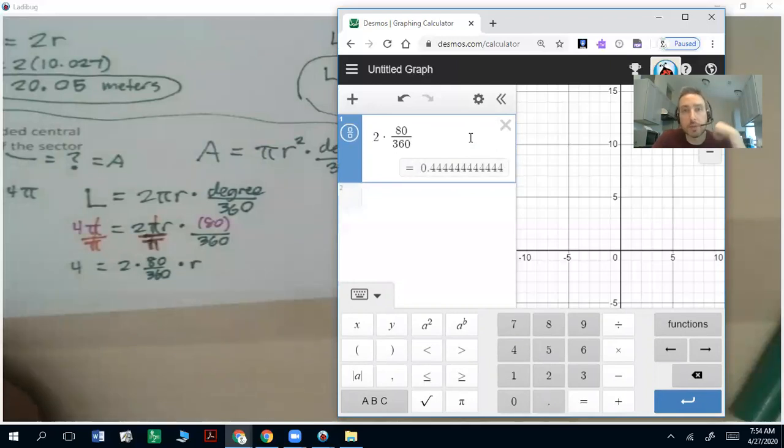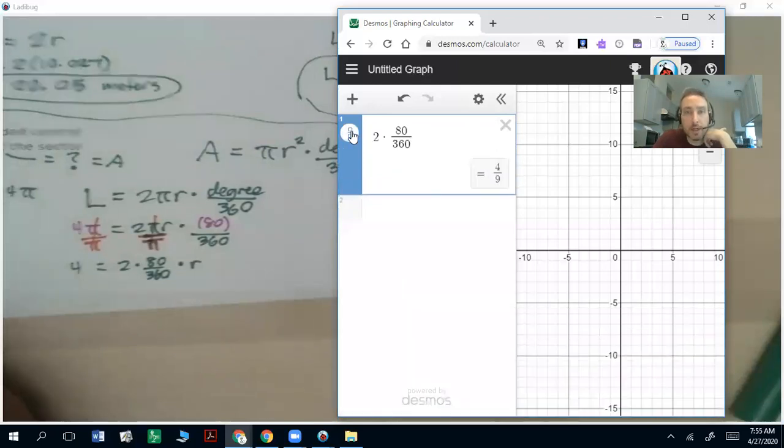I don't like that number. So 2 times 80 over 360 as a fraction is 4 over 9. That's a much easier number to work with. So we're going to call that 4 over 9.